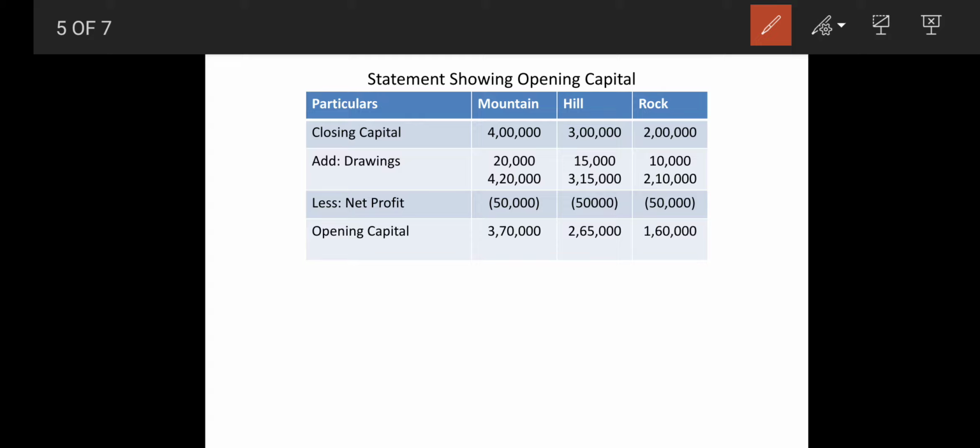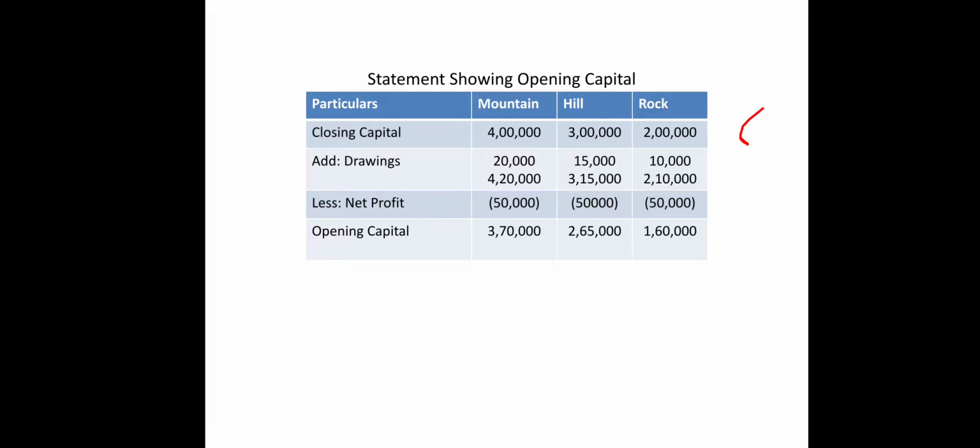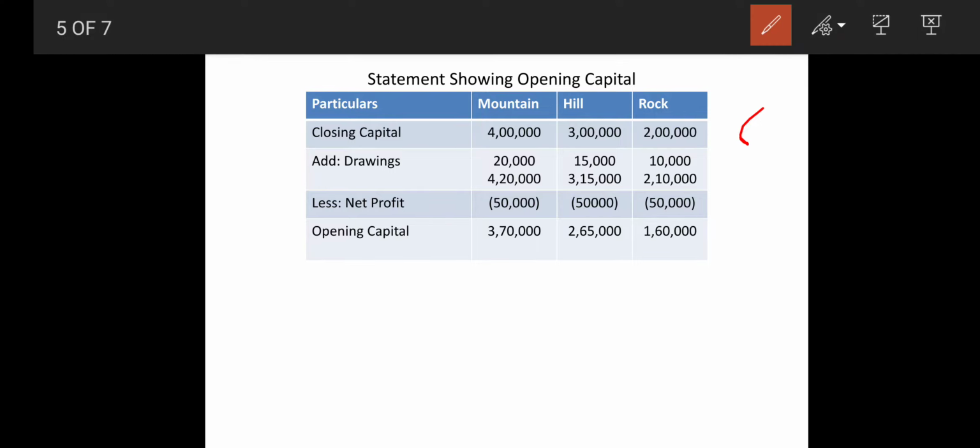So very first thing, closing capital. So closing capital stands with Mountain, Hill and Rock, 4 lakhs, 3 lakhs and 2 lakhs respectively. Then if you remember last year in the balance sheet, how we used to prepare this way? So we used to prepare this way: capital first, then add net profit, right?